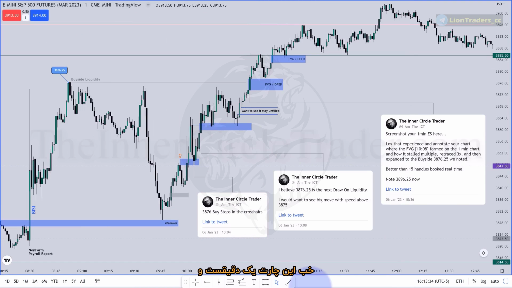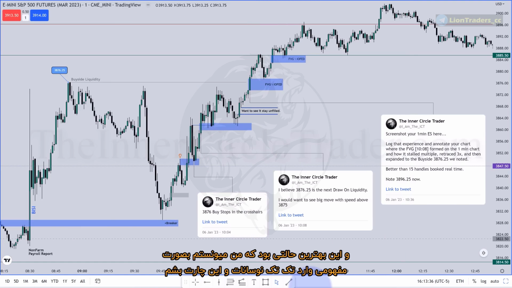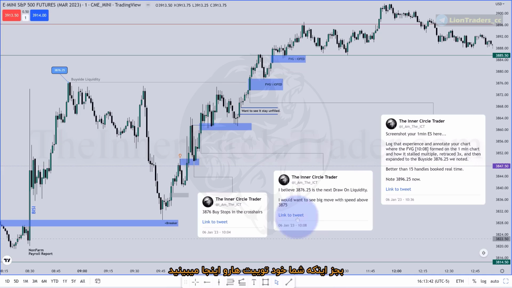All right, so here's the 1 minute chart. And this is the best I could come up with conceptually going through the individual fluctuations in this chart, with the exception of the actual tweets you see here. You can see the times. And don't take this for what it is being shown here. These are actual links to the tweets.